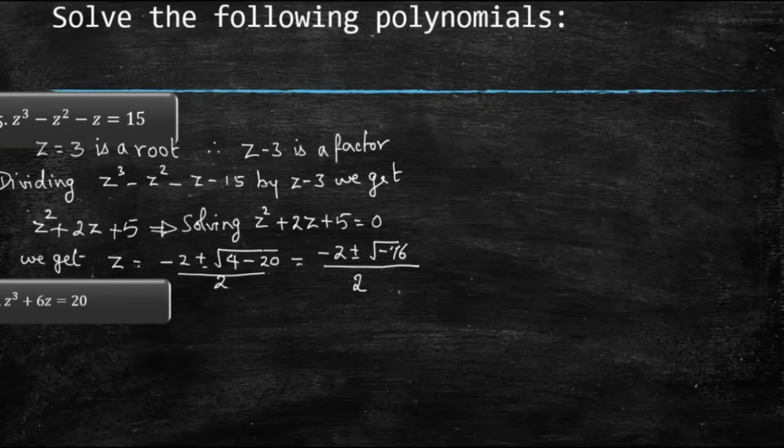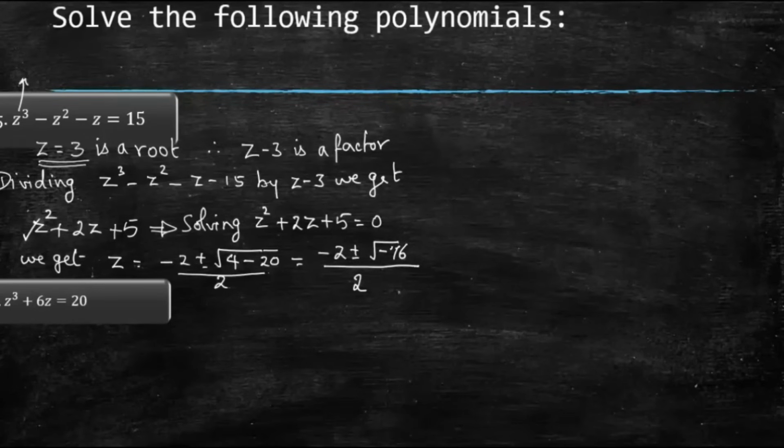So z equal to 3 is the first real root, and you should have noticed that the equation now uses z as its variable, not x, because when we are dealing with complex roots, usually the equations are in z, not x anymore. So z equal to 3 is a root, z minus 3 is a factor, so divide the equation by z minus 3, and you will get a quadratic.